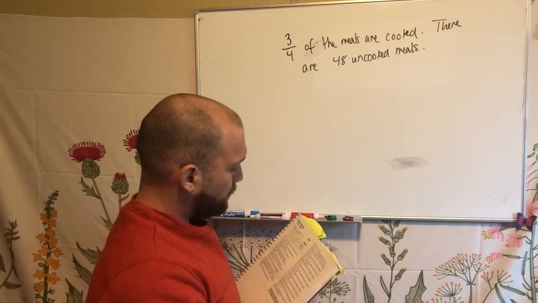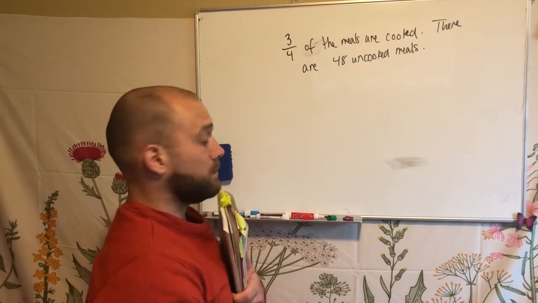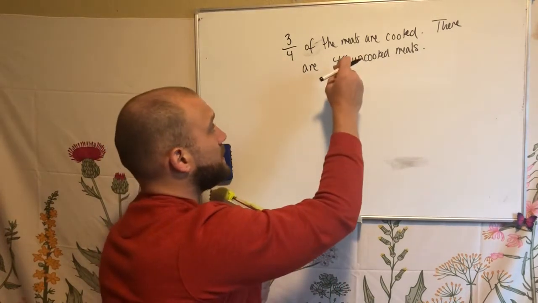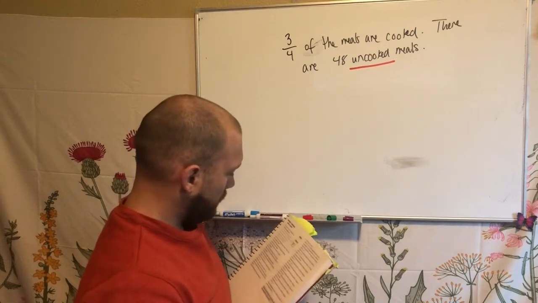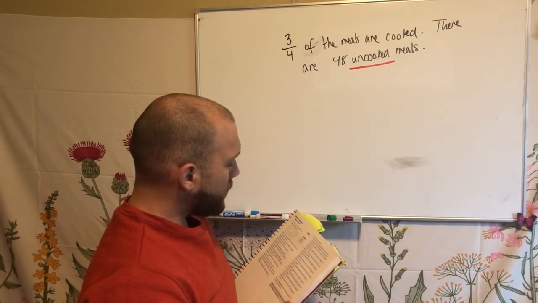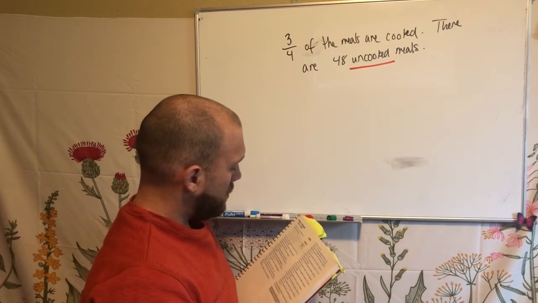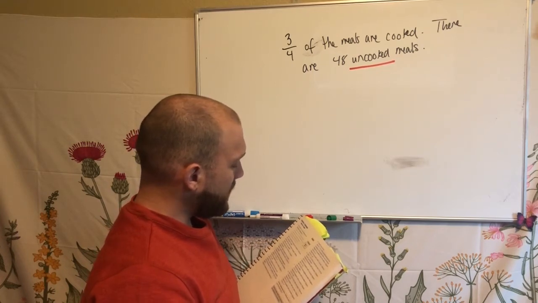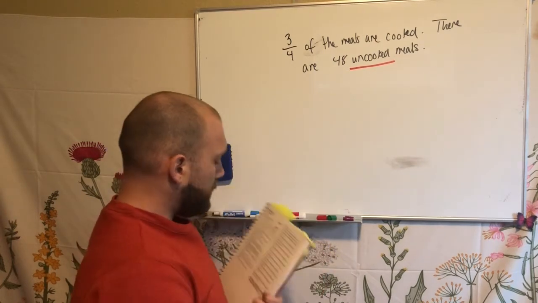All right. So, which name has a number? Well, this one does. Uncooked meals has a number. So, write the equation with a number for uncooked. Pause the video now to set up the problem.